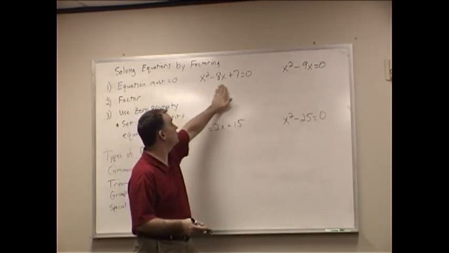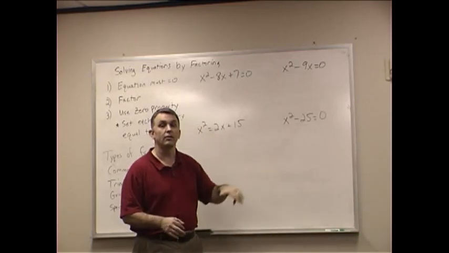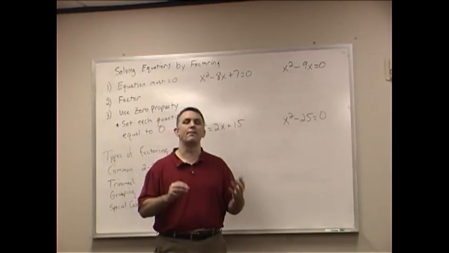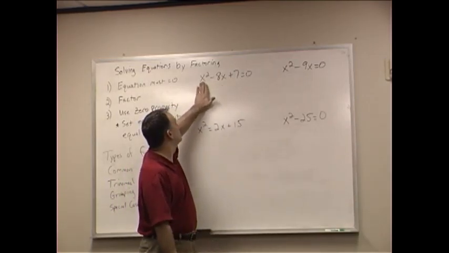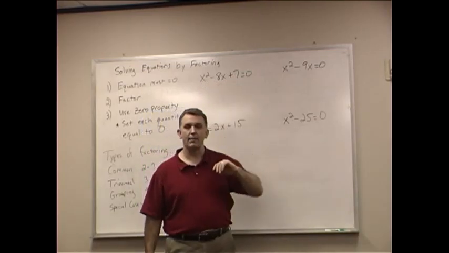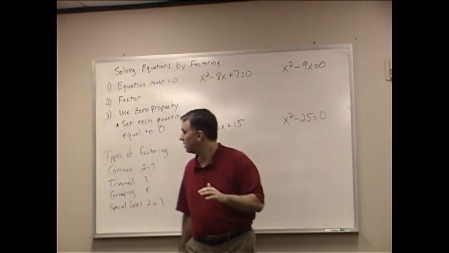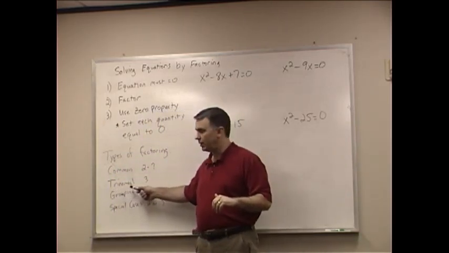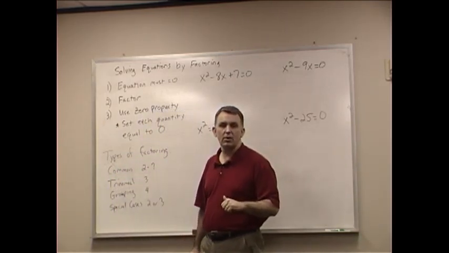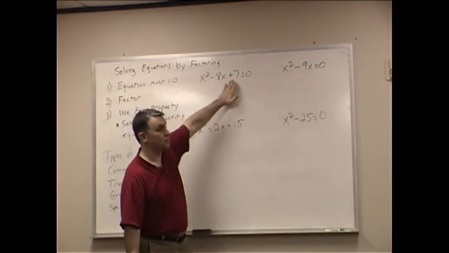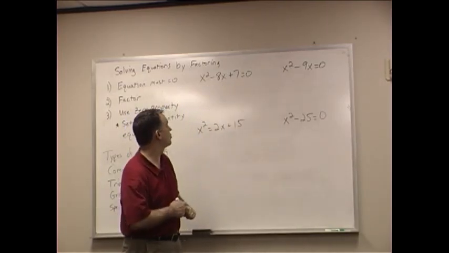So it's possible that you might have to do some common factoring there. As a matter of fact, check common factoring first always. Well, when we look at it, there's nothing in common that comes out of x squared, negative 8x, and 7. Trinomial, it's got three terms. This has 3 terms. So let's go ahead and try trinomial on it.